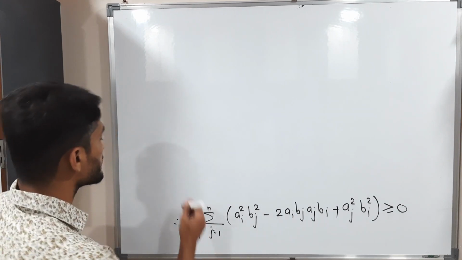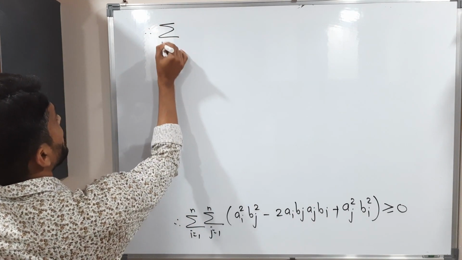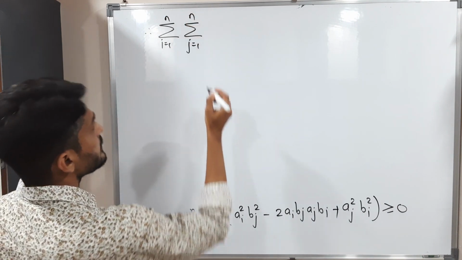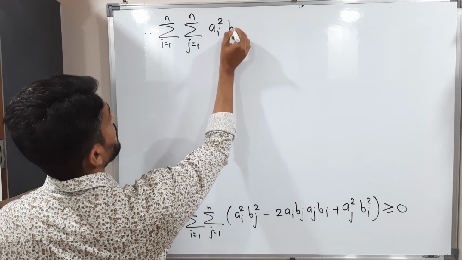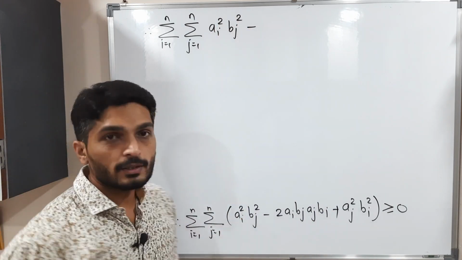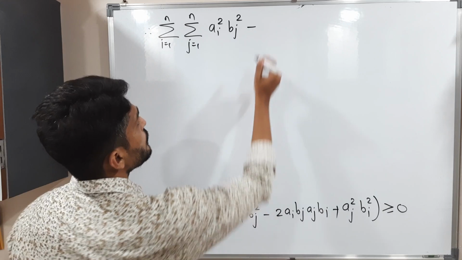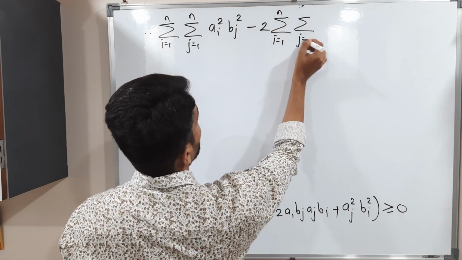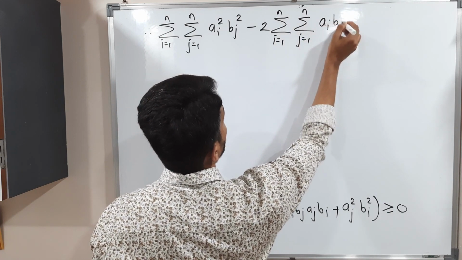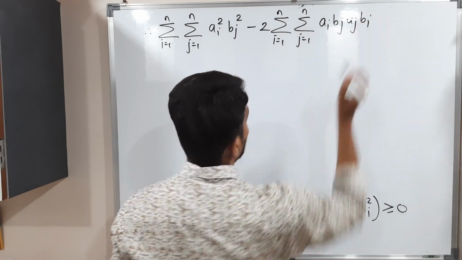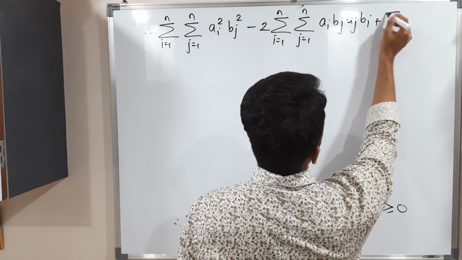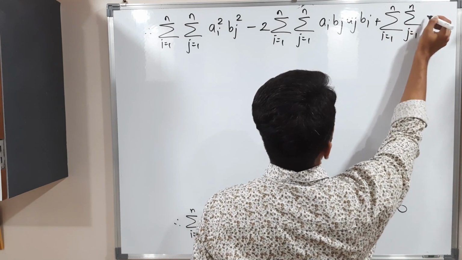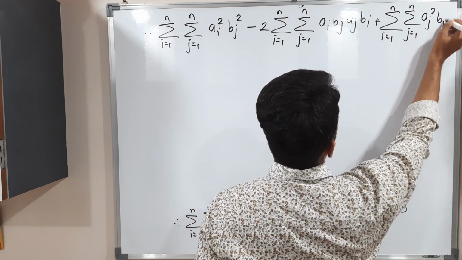Let us continue. I am taking separate summations. Summation i running from 1 to n, summation j running from 1 to n, ai square bj square, minus 2, which is a constant so we can take it outside, 2 times summation i running from 1 to n, j running from 1 to n, ai bj aj bi, plus summation i running from 1 to n, j running from 1 to n, aj square bi square.